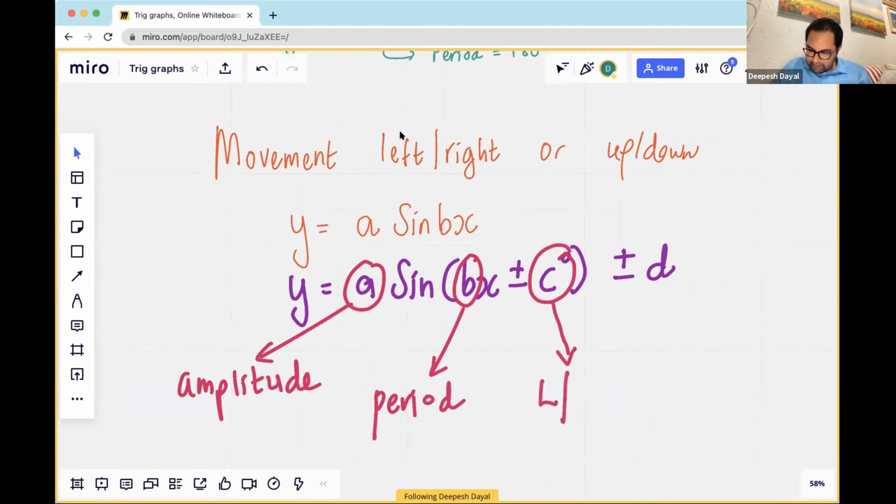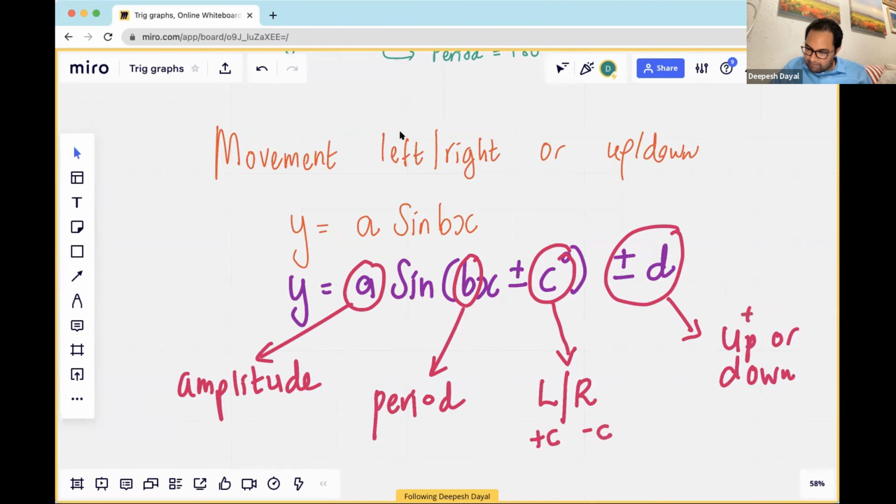And then d is the movement up and down. Okay. Plus c is left, minus c is right. Plus d is up, and minus d is down.